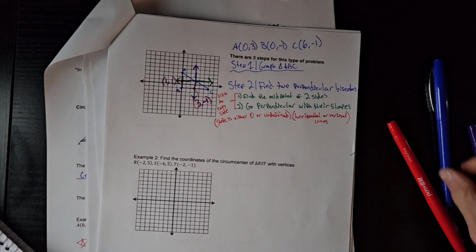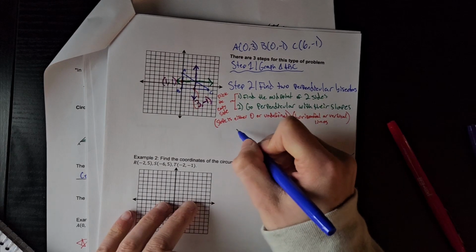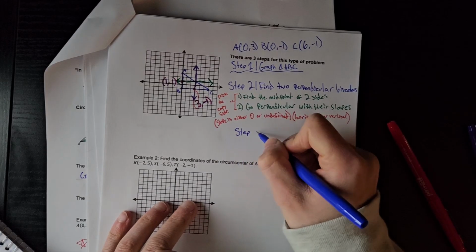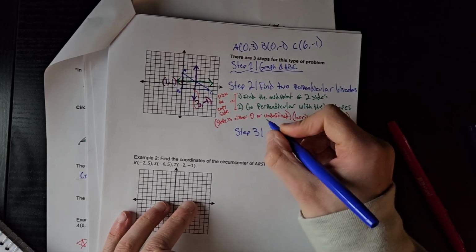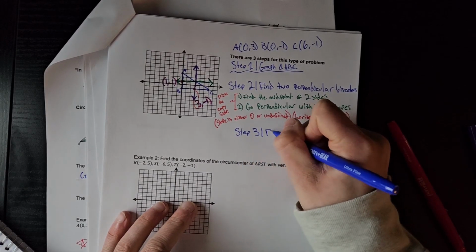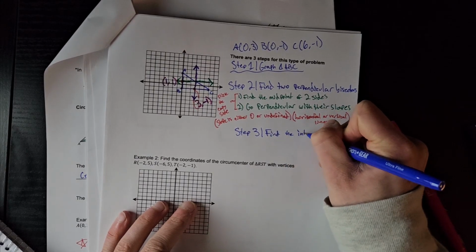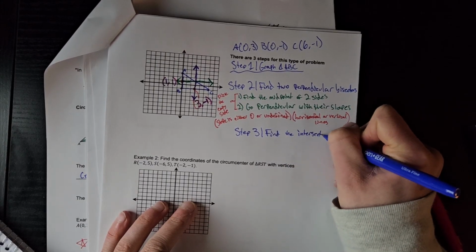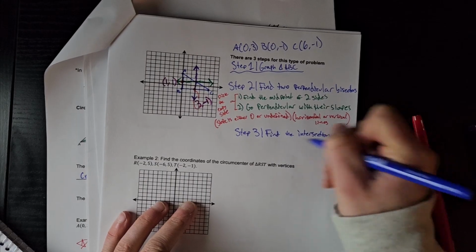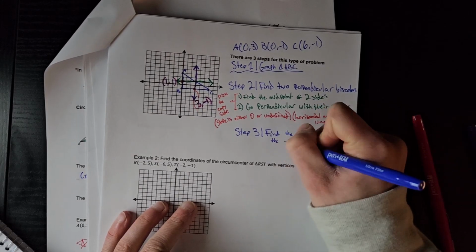And then step 3 is to find the intersection of the bisectors.